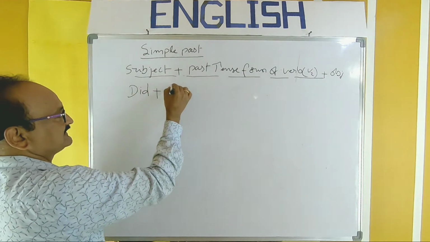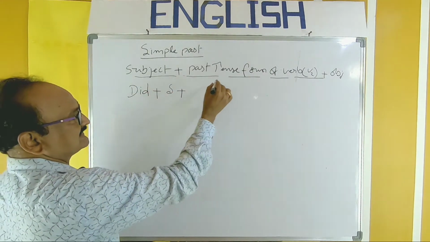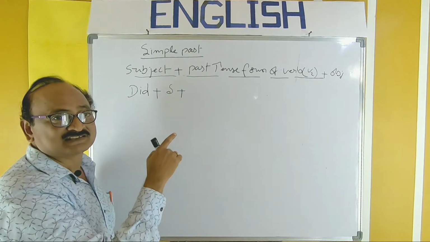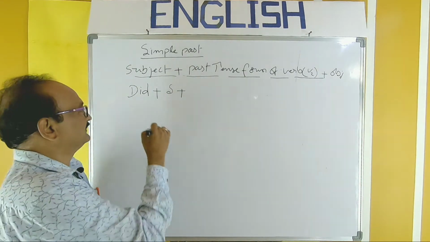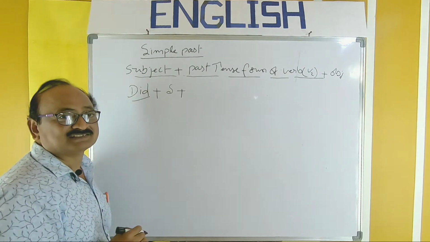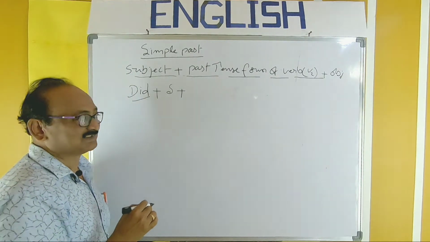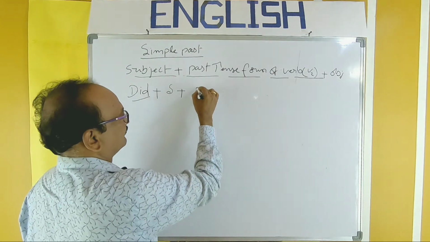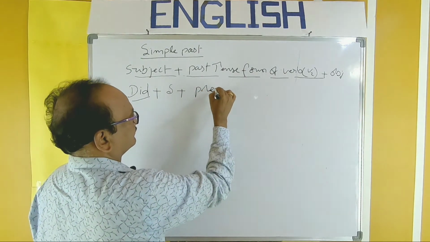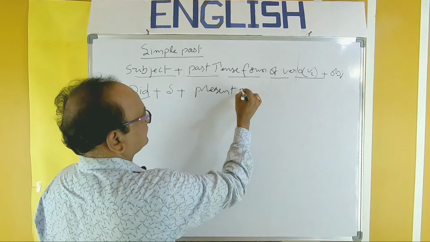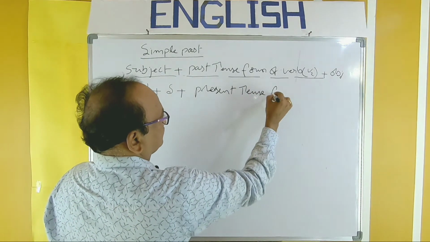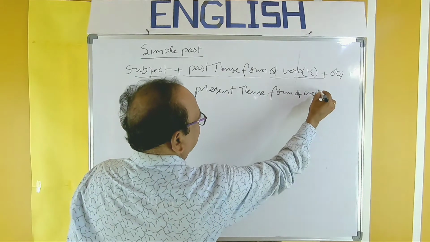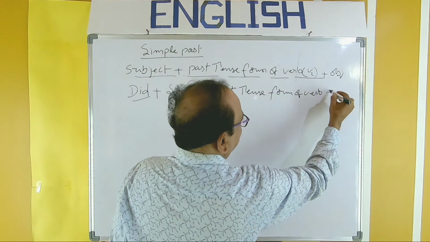Next, subject plus past tense form of verb is there, but you should not use the past tense form in the question. Already we use did, the past form of do or does. Now we have to use the present tense form of the verb, and object, if necessary.